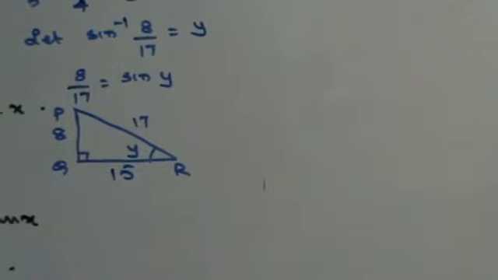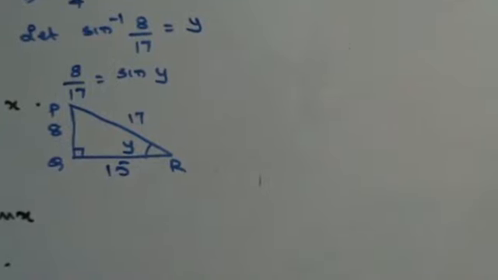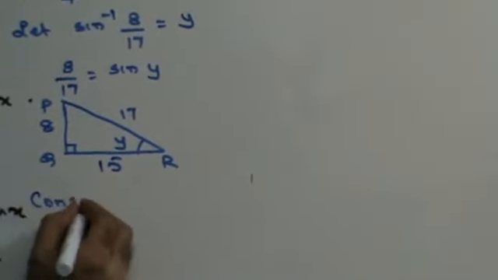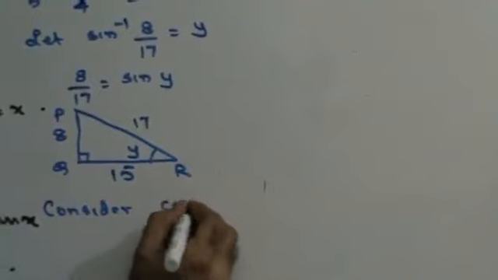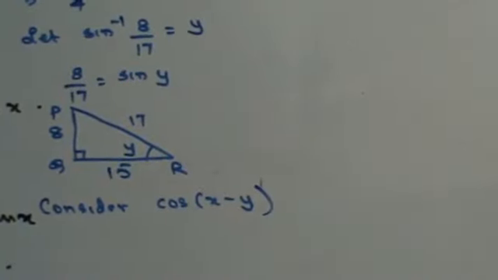Right? Now, look at my right hand side. I want cos inverse. People, imagine if I take this cos inverse on the other side, it will become cos. This value I have taken as x, this value I have taken as y. So you will say, consider cos of x minus y. Sir, how did you realize that you have to do this?